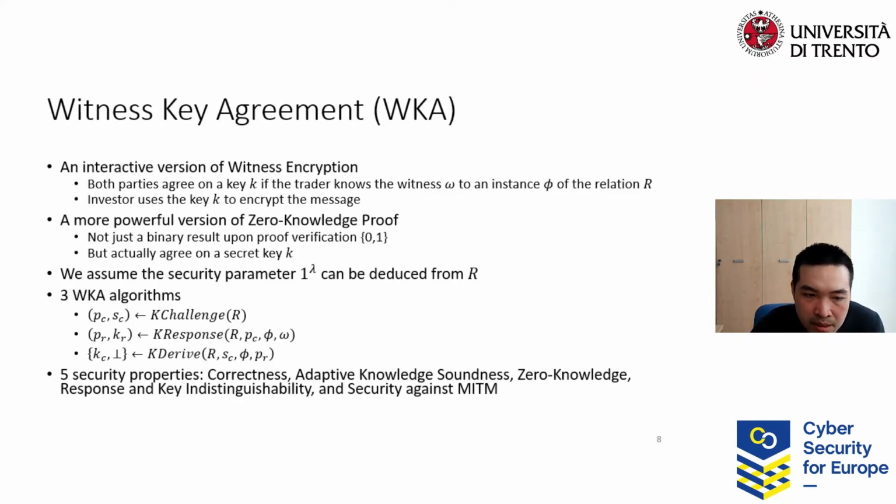We require that Witness Key Agreement satisfies 5 security properties: correctness, adaptive knowledge soundness, zero knowledge, as in zero-knowledge proof, and response and key indistinguishability, and security against man-in-the-middle attack as additional security properties. You can check out more details on them in the paper as well.